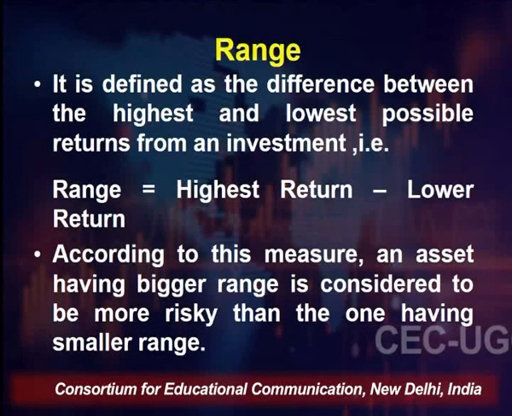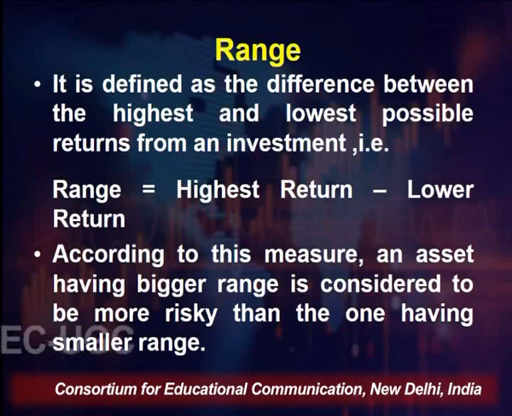When you calculate the risk, what is the risk involved? If an asset class has given you a maximum return of 20%, and the lowest return in a particular time period or at a particular point of time was 10%, the difference between 20% and 10% is called the range.